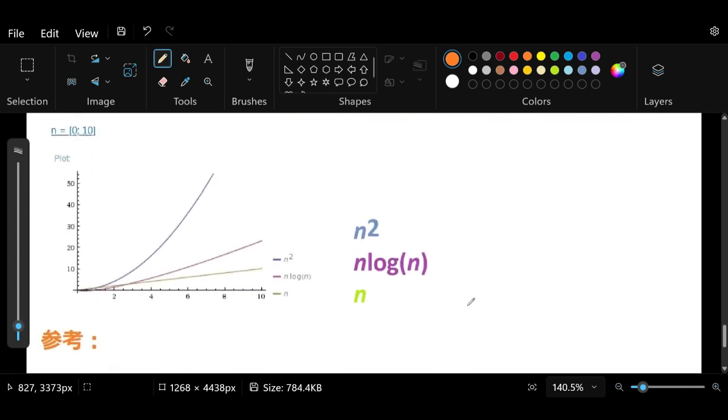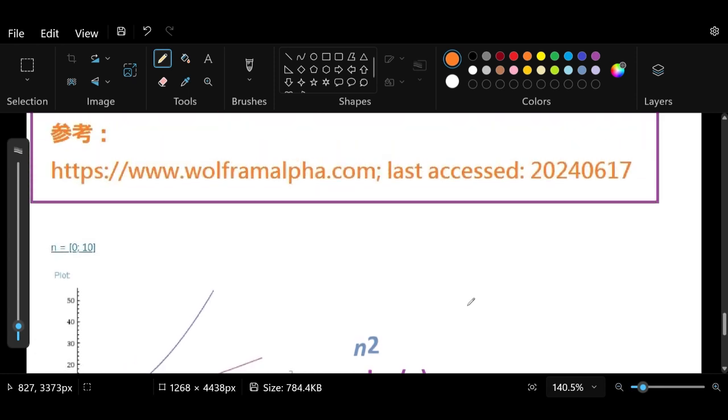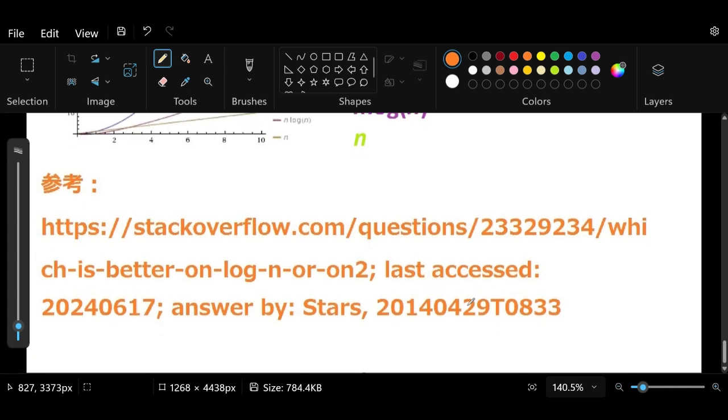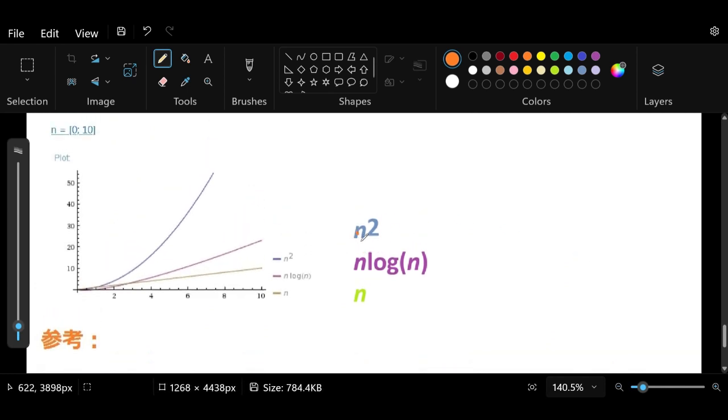If we look at the sample here from, in this case, Stack Overflow (the other one was from Wolfram Alpha), we have a graph on stackoverflow.com with a comparison between n squared, n log n, and n. We can find that the n is going in this way, so it seems to be pretty much just counting from 0 to n.